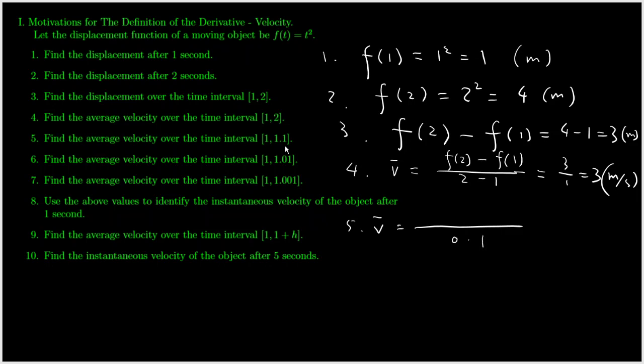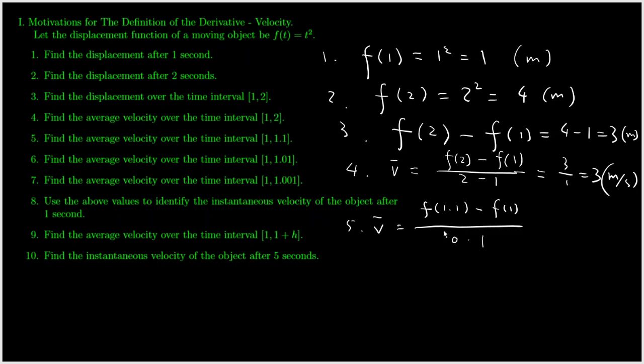Okay, now let's figure out the numerator. We're trying to get the average velocity. The numerator is supposed to be the distance traveled over the time interval. I'm going to use the function notation: the distance traveled after 1.1 seconds minus the distance traveled after 1 second.